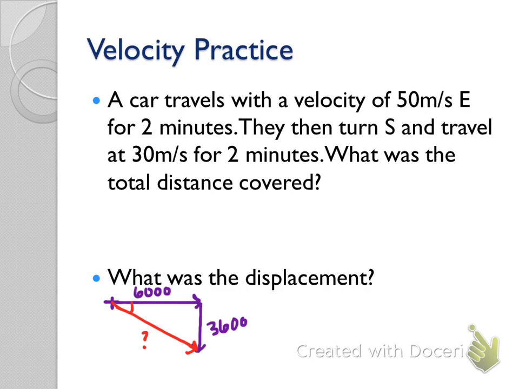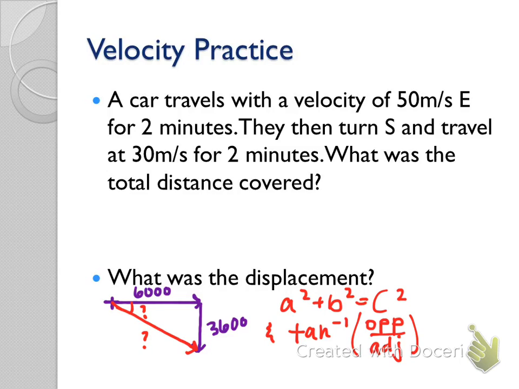So I need to find the hypotenuse and I need to find that angle. You're going to use the Pythagorean theorem to find that hypotenuse, and then usually we're going to use inverse tangent to find our angle.